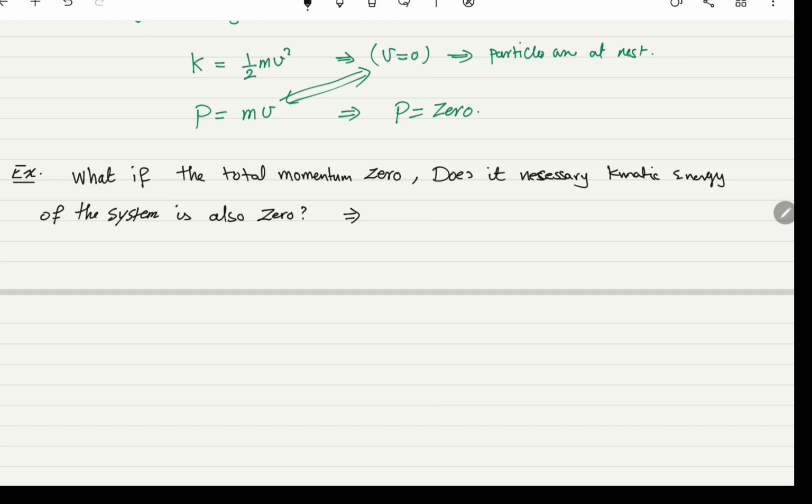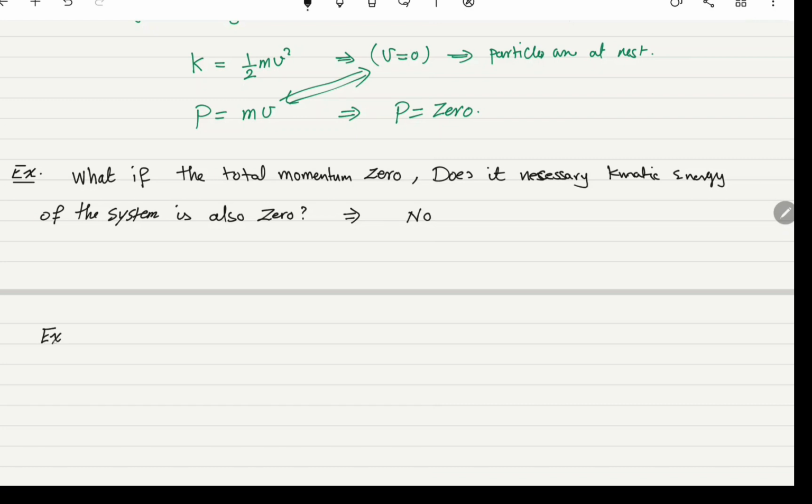They just cancel out when you add them together because they are vector quantities. In this case, the kinetic energy is not necessarily 0 because the particles are moving. So to answer this question, no, the kinetic energy is not necessarily 0.